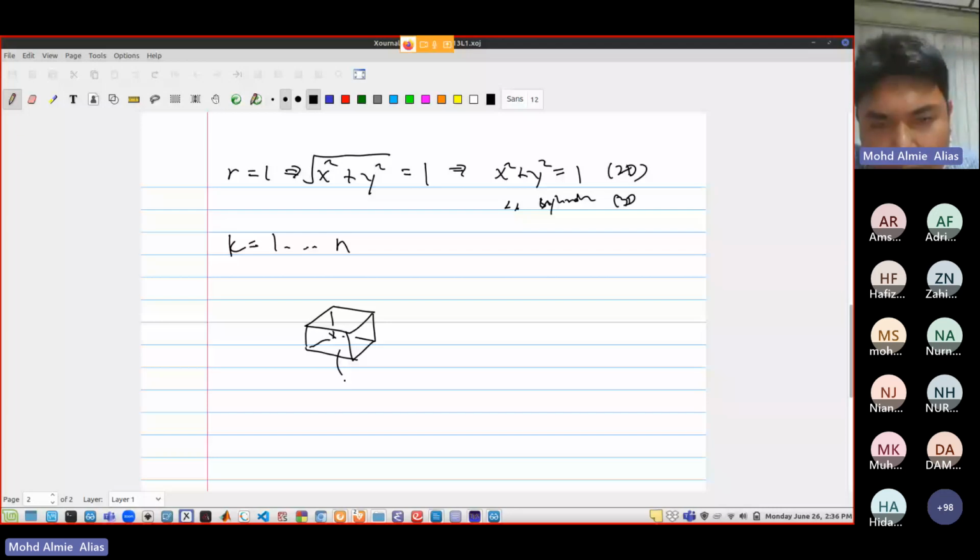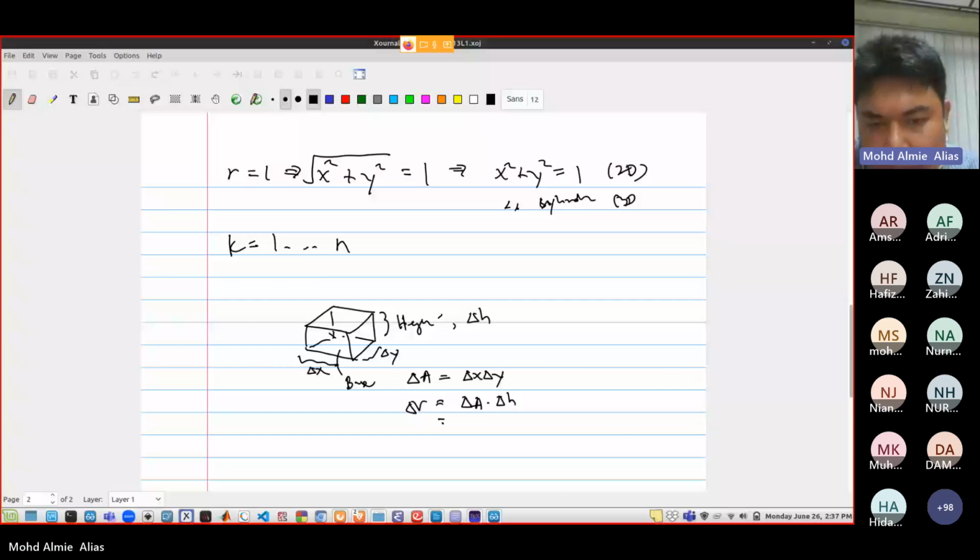Let's say the height is delta H, and the base is delta A, which is actually equal to delta X delta Y. So the volume, which is delta V, is equal to delta A, the area of the base, times the height. So you get delta X delta Y delta H, or you can use delta Z if you want.